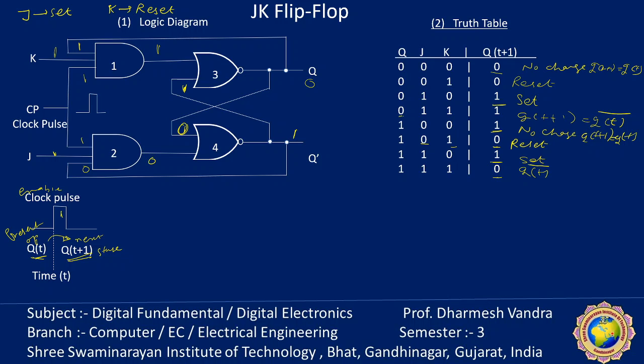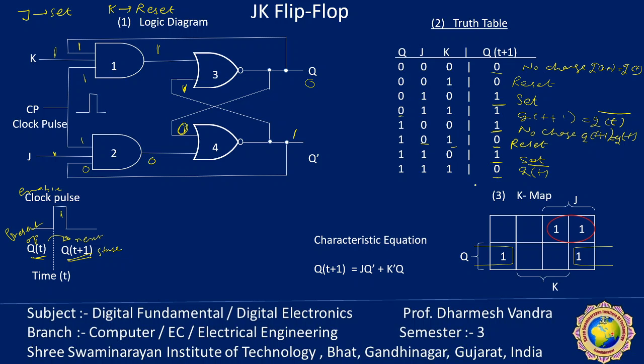Okay. That means we obtain the outputs in this table. So the outer cell, this one, is Q dash and this will become J. So this is called J Q dash.